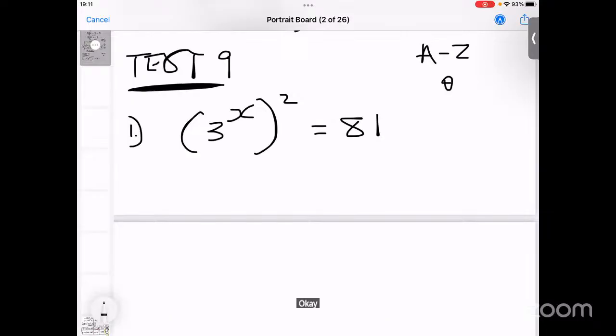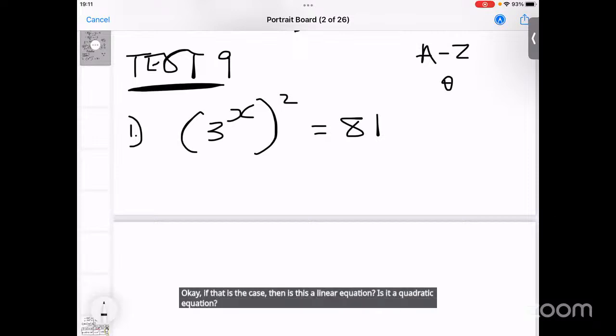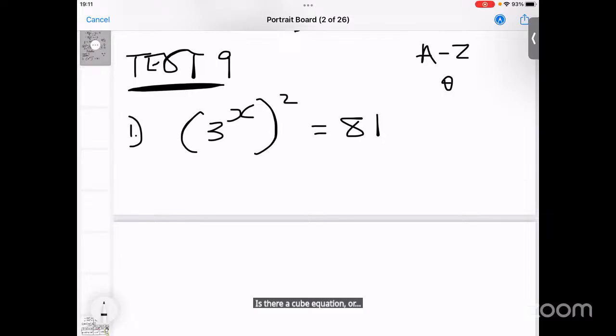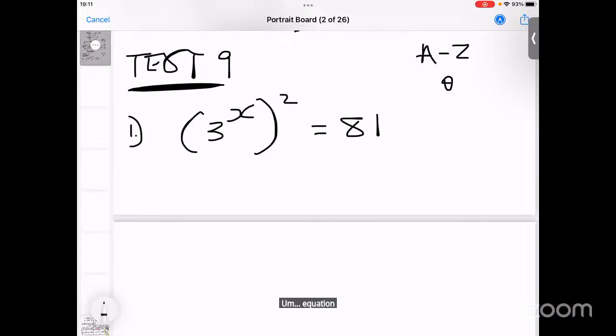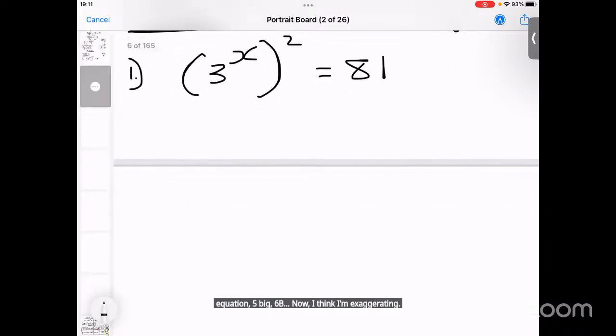Okay, if that is the case, then is this a linear equation? Is it a quadratic equation? Is it a cubic equation? Or I'm not sure if there is a quartic, but let's say, is it a quartic equation? 5, 6, 7? Yeah, no, now I think I'm exaggerating. Okay, so it looks like it's none of those, because when we look at this, we realize the unknown is in the position of the exponent.